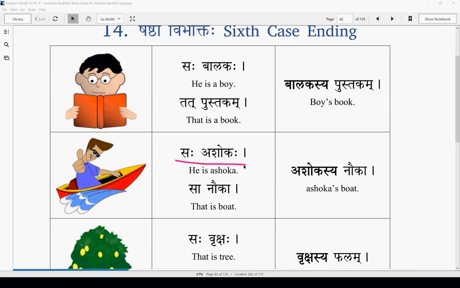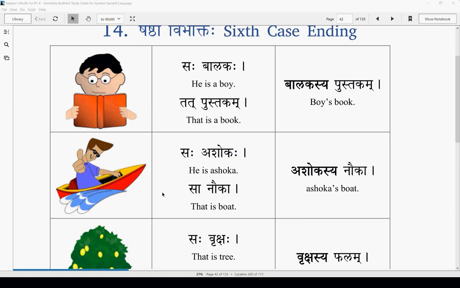Ashoka. Saha... Nauka. Ashokasya Nauka. Yeah, so read this one again. Sa nauka.